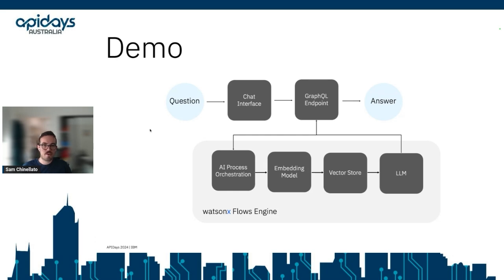We're going to be calling our embedding model, we're going to be calling our vector store, and we're going to call our large language model through an automation layer that is very easy to manage. And then once our large language model has generated an answer, we're going to display it back to our user. So let's jump in.